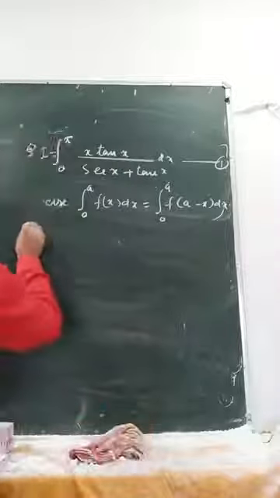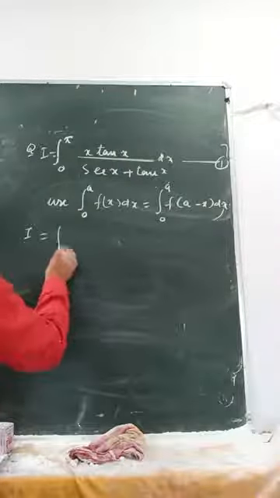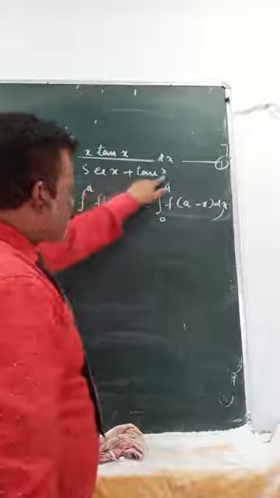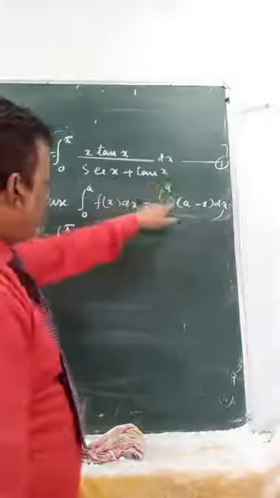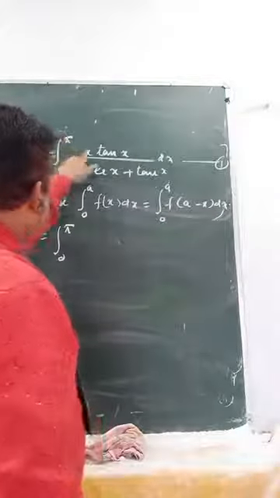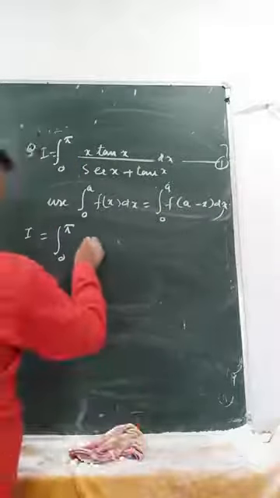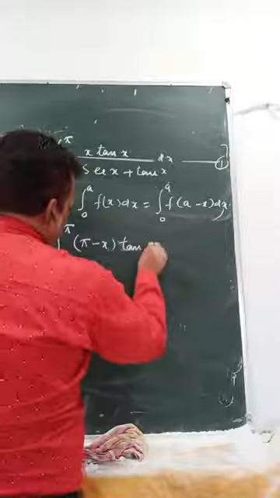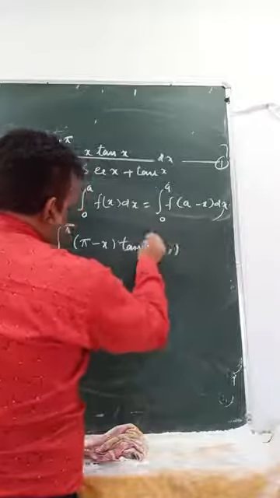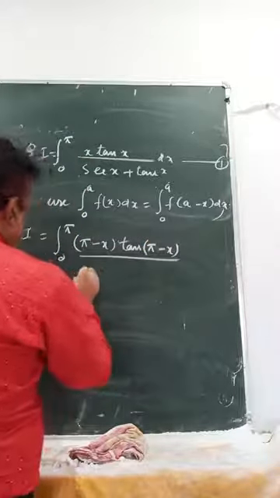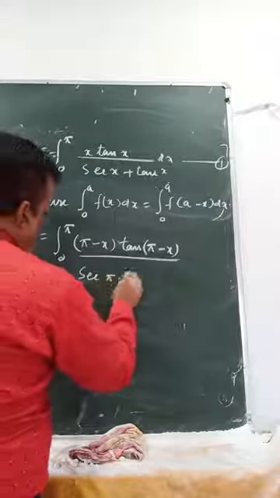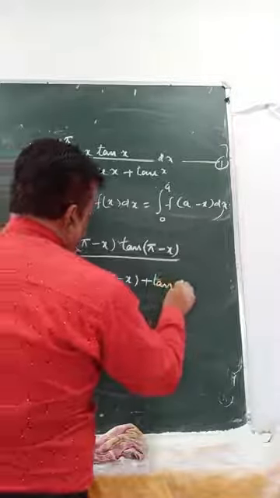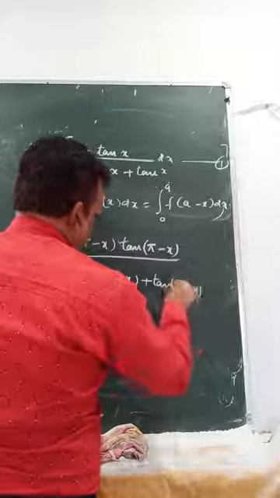So I equals integral 0 to pi, all x will become a minus x, meaning pi minus x, pi minus x tan pi minus x, sec pi minus x plus tan pi minus x dx.